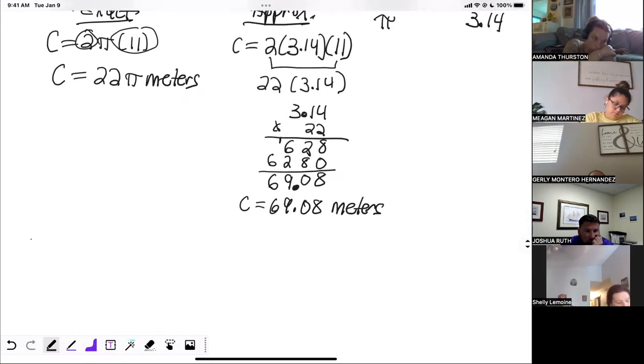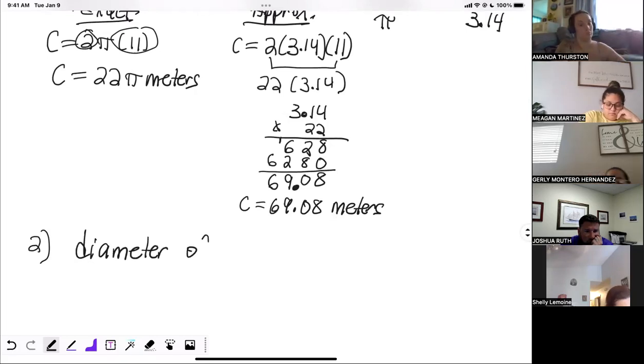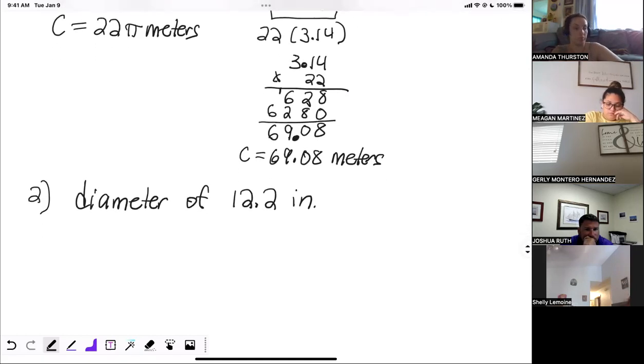All right, number 2. Find the circumference of a circle given a diameter of 12.2 inches. Now this one, I might use pi d since they gave me a diameter.